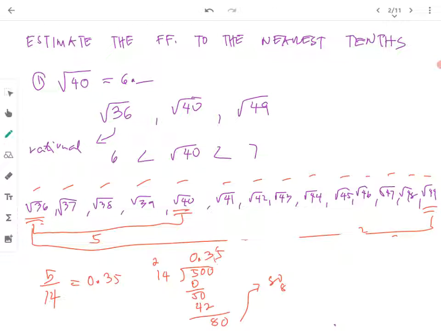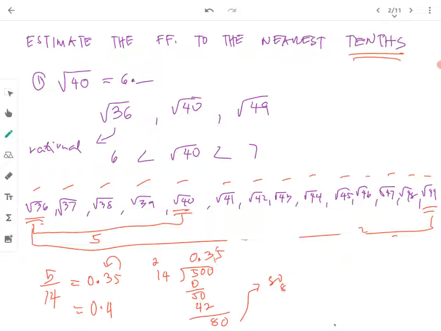But we need to round it off to the tenths place, because we're just looking for tenths. Therefore, 0.35 is 0.4, because if the digit is 5 and above, we add 1 to the digit under consideration. If it's 4 and below, we just copy and make the next digit 0.